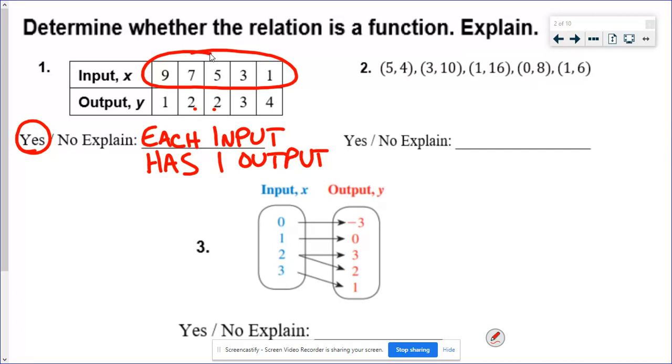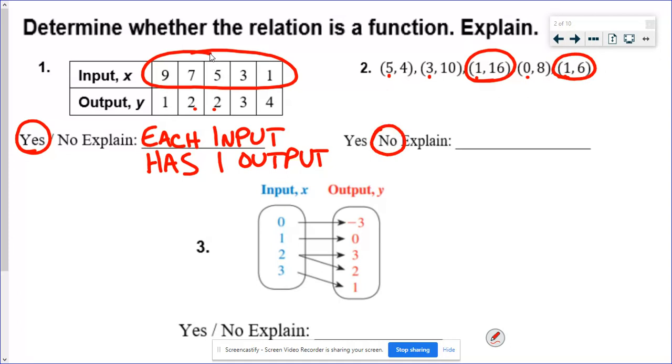And basically in a list of ordered pairs, it's the same deal. I'm worried about the x's repeating. It's not as obvious in a list of ordered pairs versus a table, but if I look at my x's, I've got a 5, 3, 1, 0, 1. Oh, right here. I've got an input of 1 that gives me an output of 16, and I've got an input of 1 that gives me an output of 6.